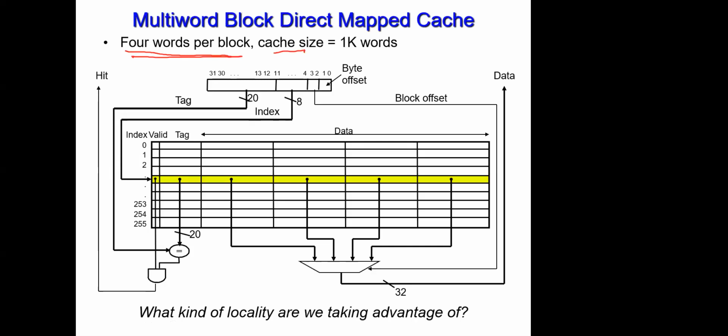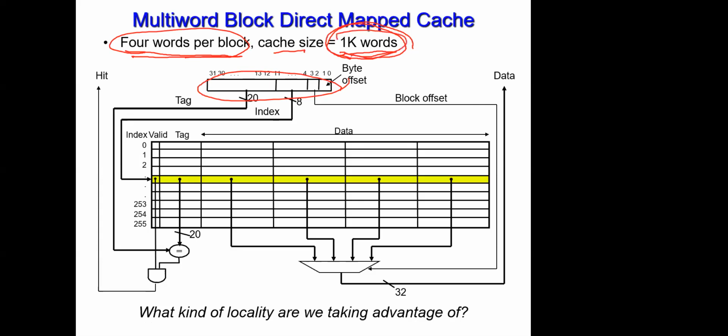Cache size is 1K words. Please design this. That's it. So the total size is 1K words. And you have 4 words per block, correct? But you have 1K words.